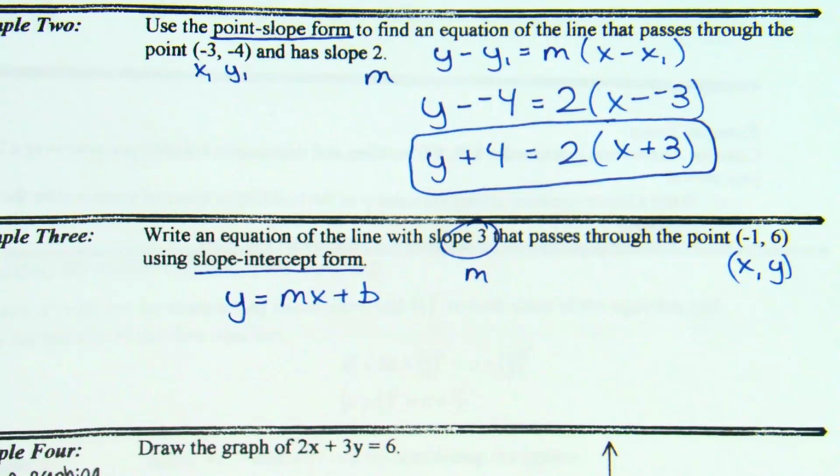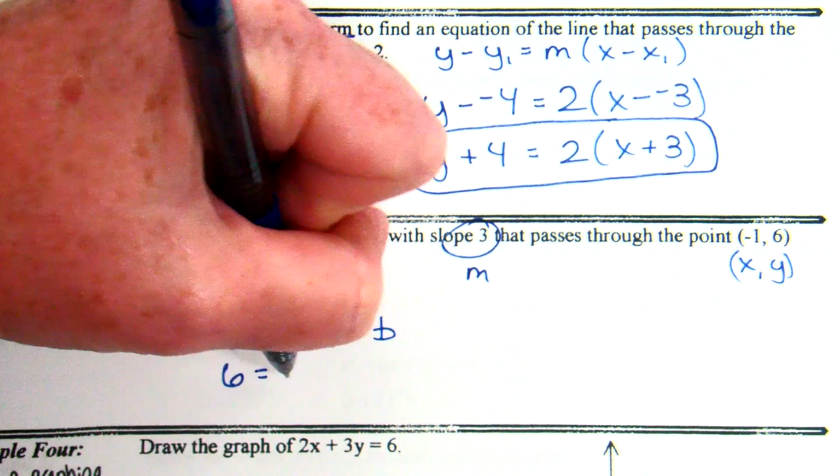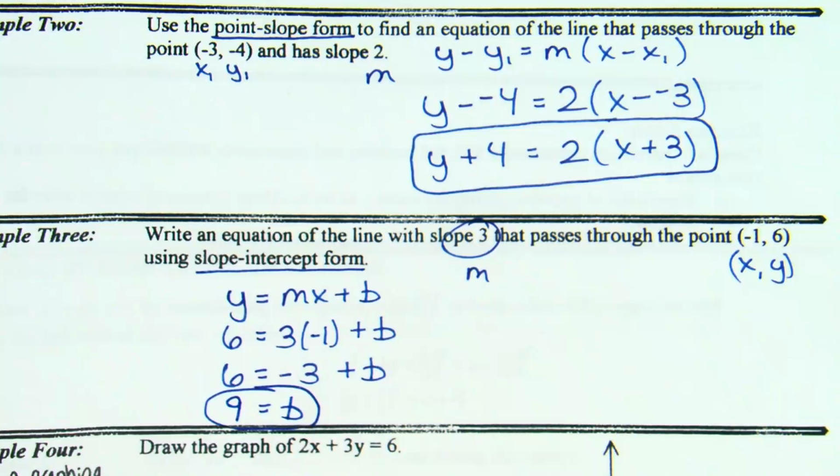So let's plug them in. y, we're going to put in 6 equals m, which is 3, times x, which is -1, plus b. Do the math, right? 6 equals -3 plus b. What's b going to be? 9. Add the 3 over, and b is 9.